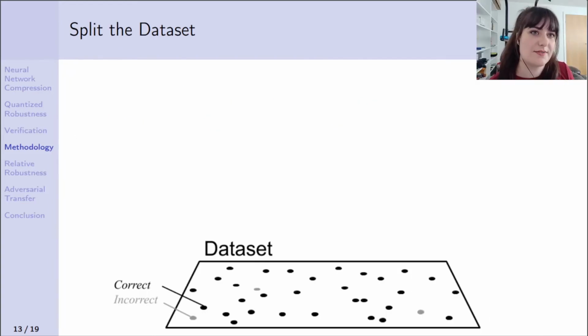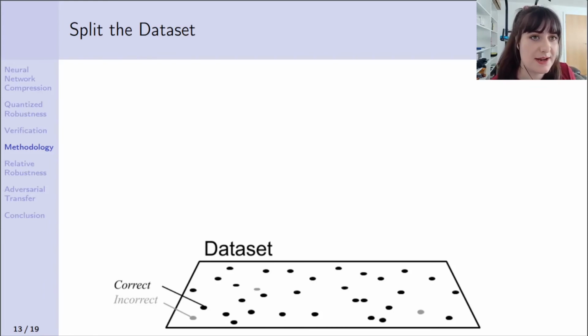In order to quantify the relative robustness and adversarial transfer of some quantized neural network, we evaluate it on every input in some data set in order to obtain percentage values for each of these two measures. We start by splitting the dataset into inputs which were correctly or incorrectly classified by our full precision neural network.